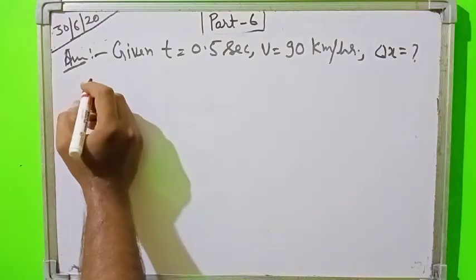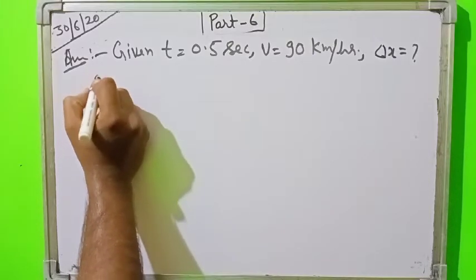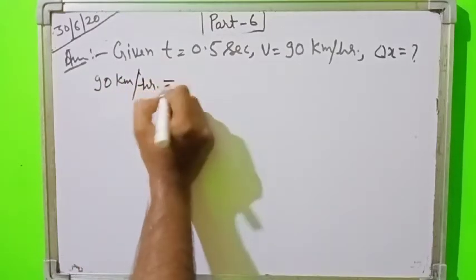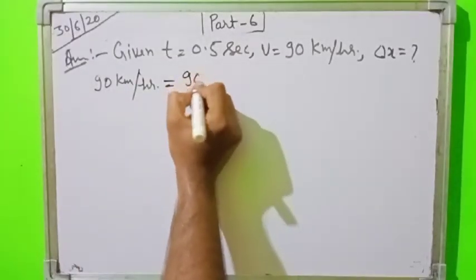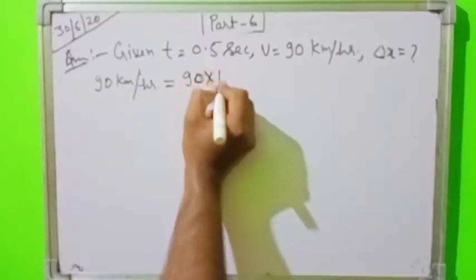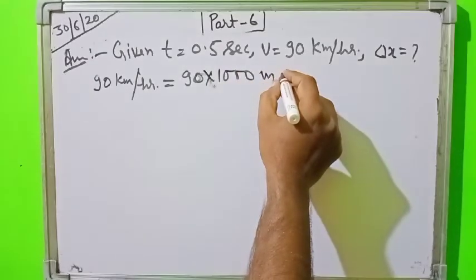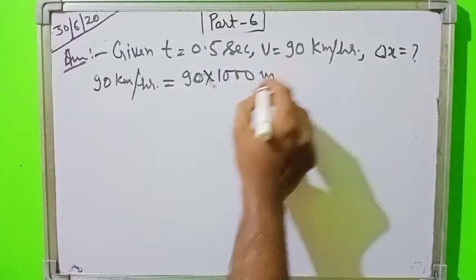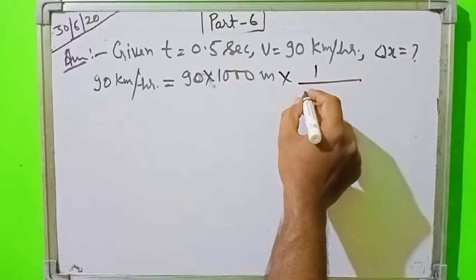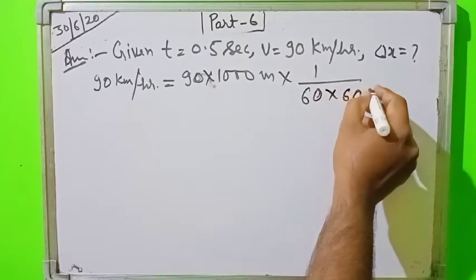So 90 km/h means 90 into 1000 meter into 1 upon 60 into 60 second.